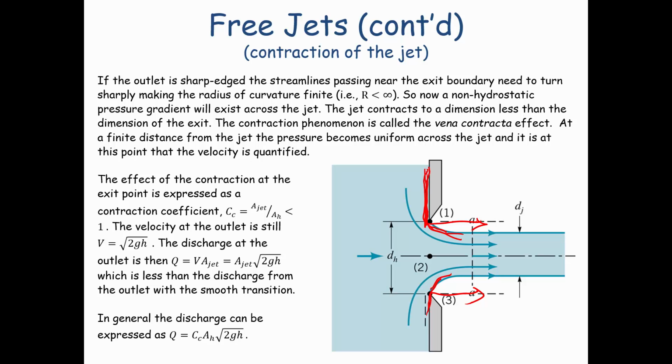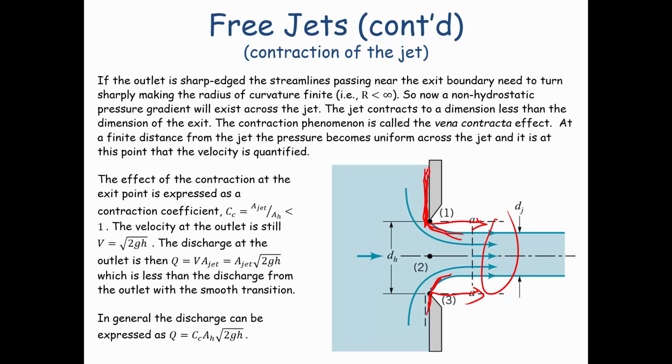It's impossible for it to turn a complete right angle at that point. So the point outside the jet where the streamlines become parallel to each other again, or straight, is some distance away from the opening itself.